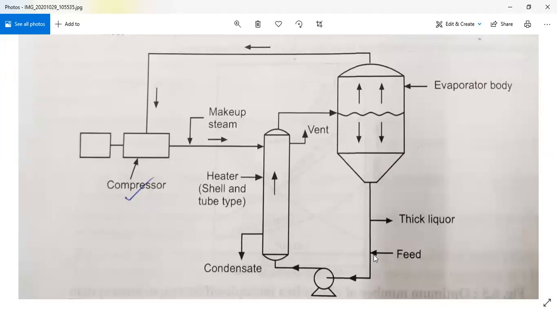We are providing the thin liquor or weak solution with the help of this centrifugal pump, because we are feeding this to the evaporator through this heating element, the shell and tube heat exchanger, to increase the temperature of the weak solution, so that we will get a good efficiency of the evaporator.